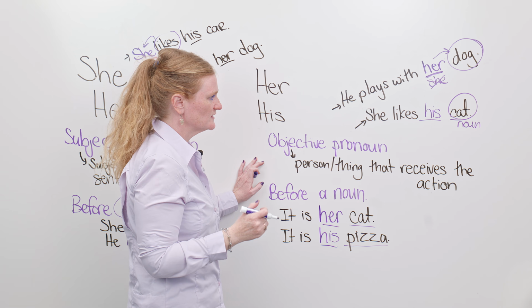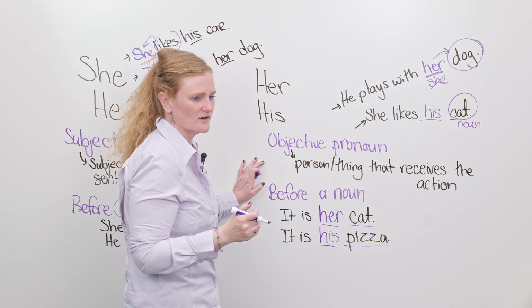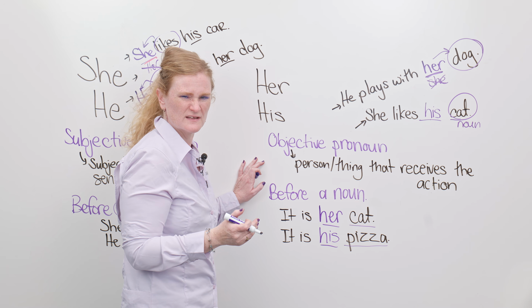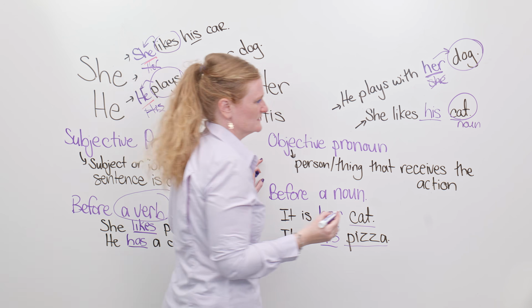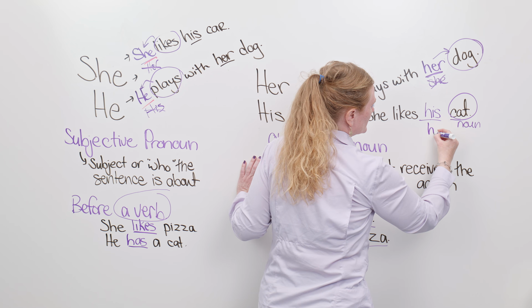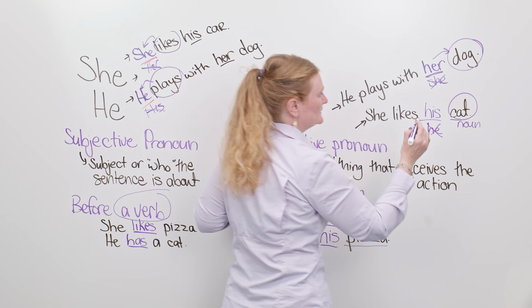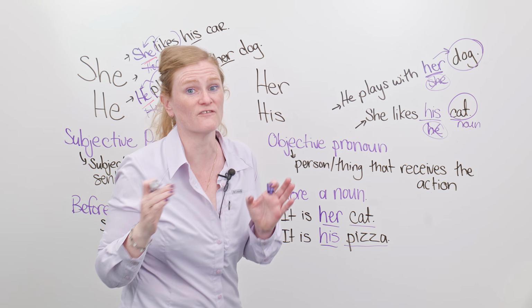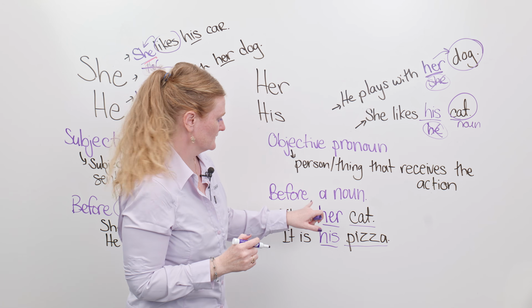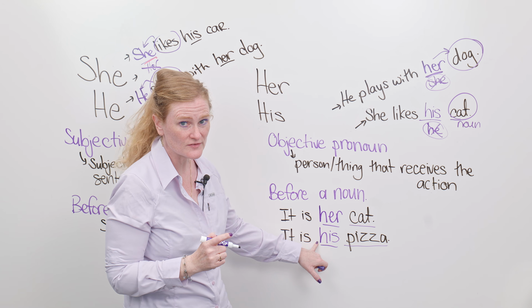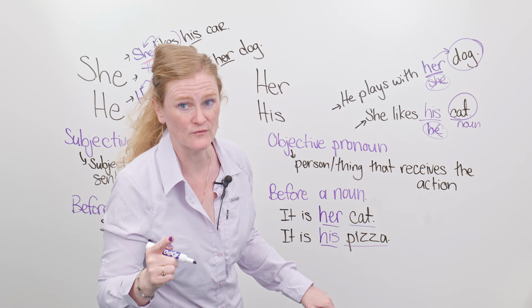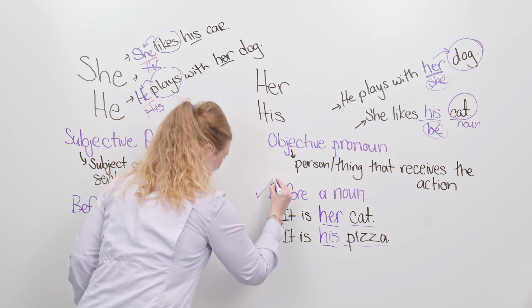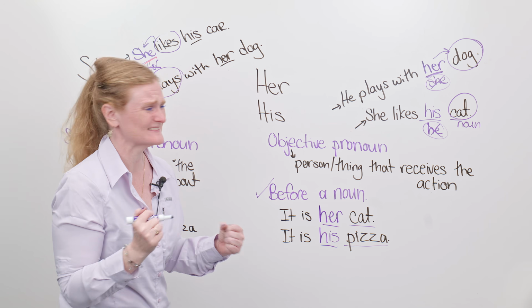We can't say "she likes he dog," "he cat," unless it's the cat's name, but that still wouldn't work. So we could not put he here. Remember, he and she is going to be followed by a verb. Her and his is going to be followed by a noun. Yes, this is easier.